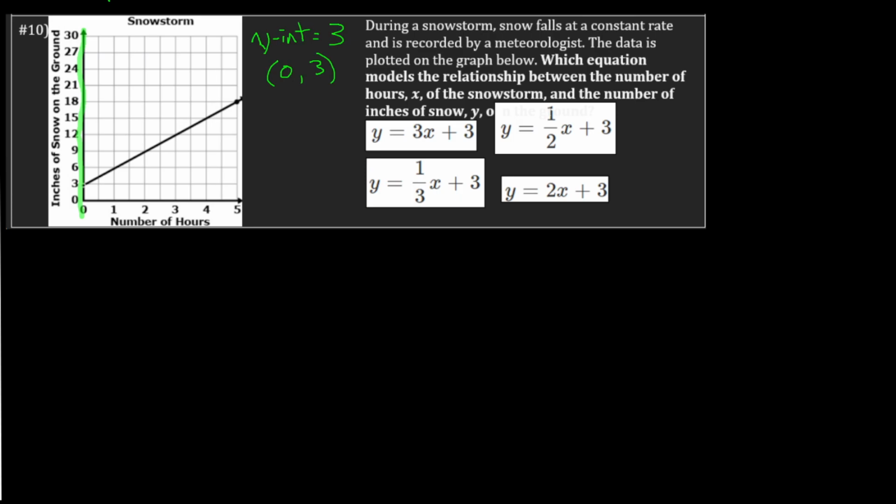If I look at my x-axis, I'm going 1 step to the right, and I end up going 1 step up for the next value as well. Let me triple check my work.